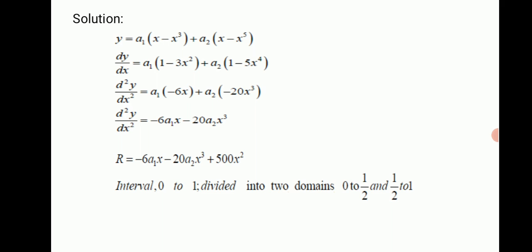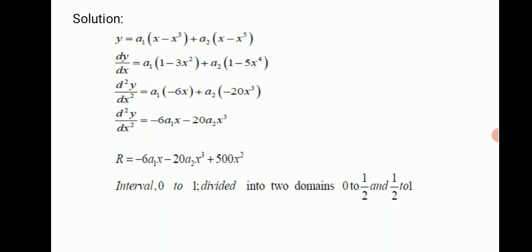Again we differentiate: d square y by dx square is equal to a1 into minus 6x, because differentiating the term 1 gives 0, and differentiating 3x square gives 6x, plus a2 into, differentiating 1 gives 0, but differentiating 5x power 4 gives 20x cube, because 4 into 5 is 20 and x power 4 minus 1 is x power 3.